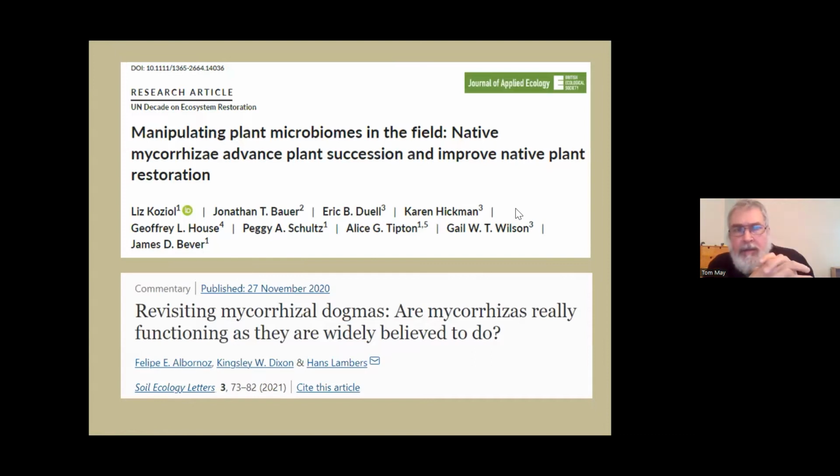Now, in general terms, most plants have mycorrhizas, and mycorrhizas have been shown to have positive effects on plant growth, both in the laboratory and in a field setting. So I've just picked two papers here. One is showing that if you get the right fungi out into the field when doing restoration, it improves outcomes.